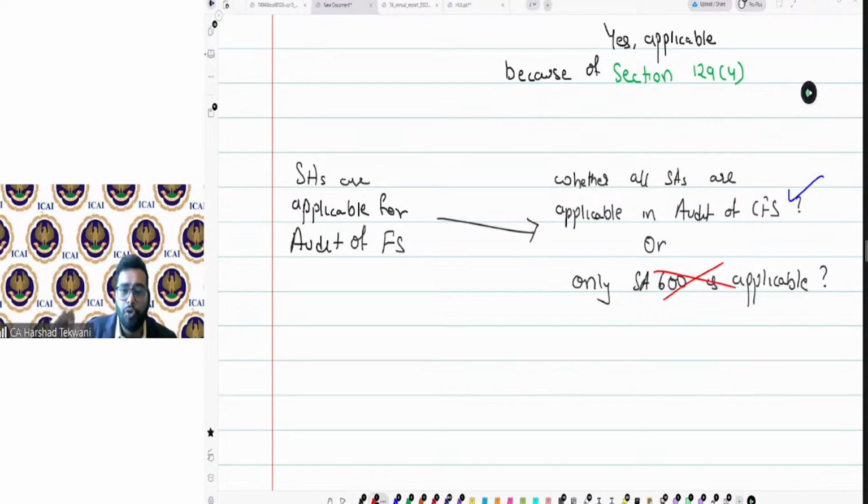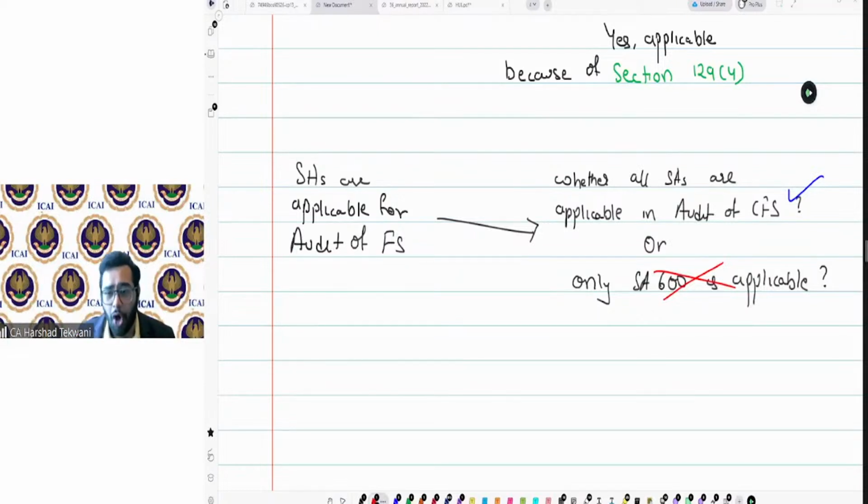But if you go to section 129, that is the financial statement section, we have the requirement under section 129(4) specifying that audit of consolidated financial statement will happen in accordance with the provisions which are there for the standalone.